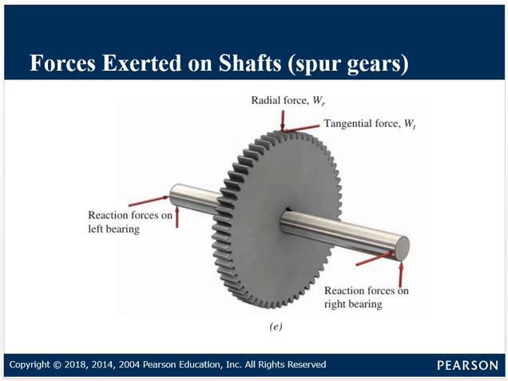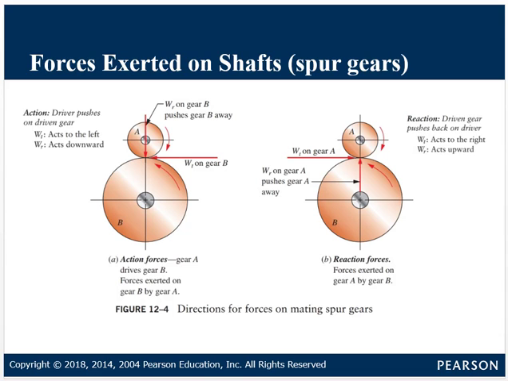That's why I put together this slide, which is again figure 12.4, that shows the reaction forces. In this case gear A drives gear B, and we're showing the directions of the driving.